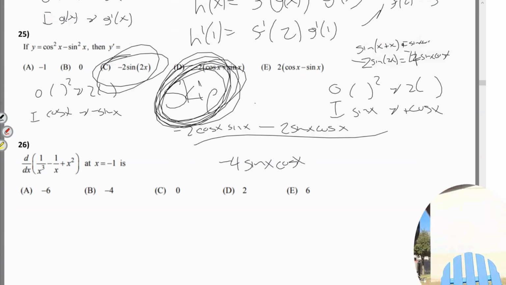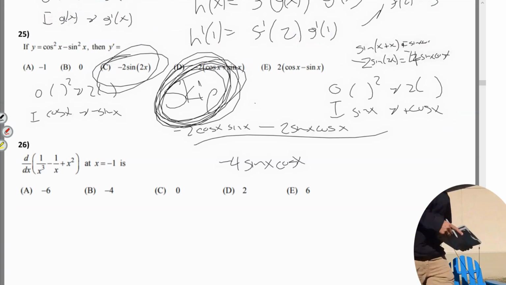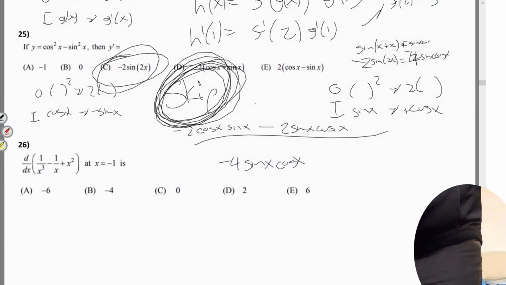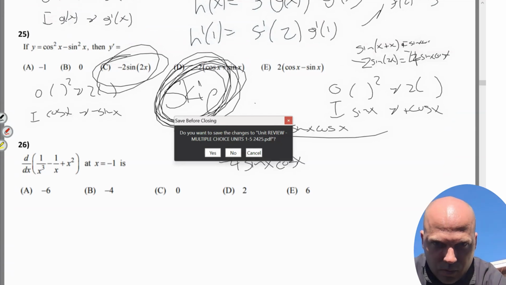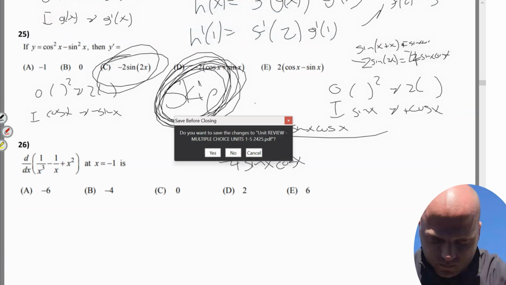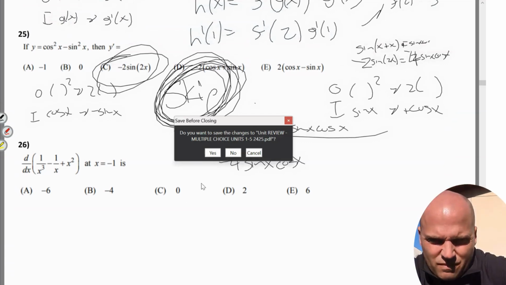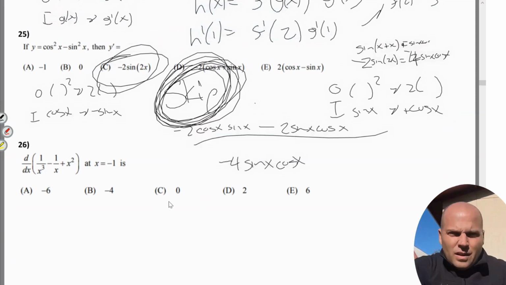Backing up. Oh yeah. Whoa. Oops. All right.